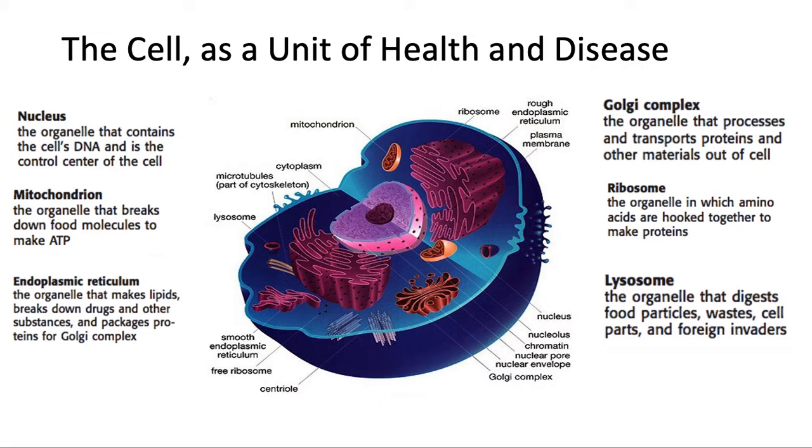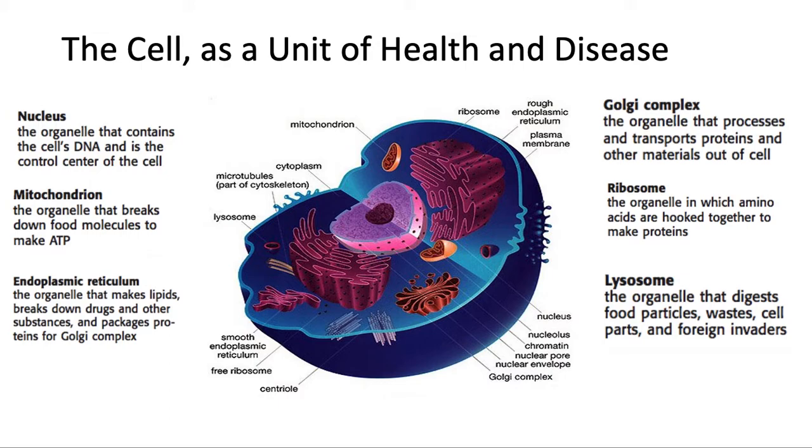as planets. Every cell contains a nucleus, the organelle that contains the cell's DNA and is the control center of the cell. You also can see on this picture mitochondria, the organelle that breaks down food molecules to make ATP, and the endoplasmic reticulum, the organelle that makes lipids, breaks down drugs and other substances and packages protein for the Golgi complex.